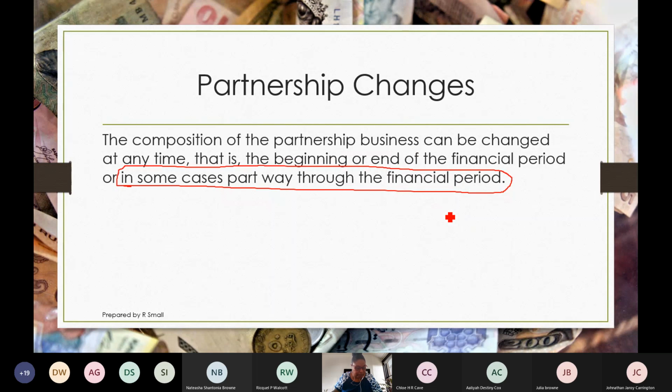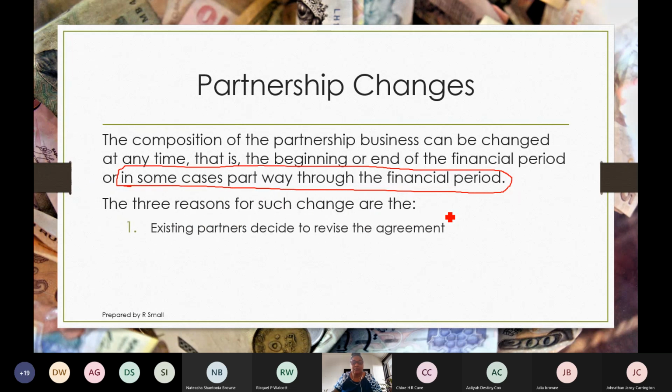Now we have 3 reasons for such changes in the composition of the partnership. The first one is that existing partners decide to revise the agreement. So you have Jonathan, Chloe, and Julia in partnership.